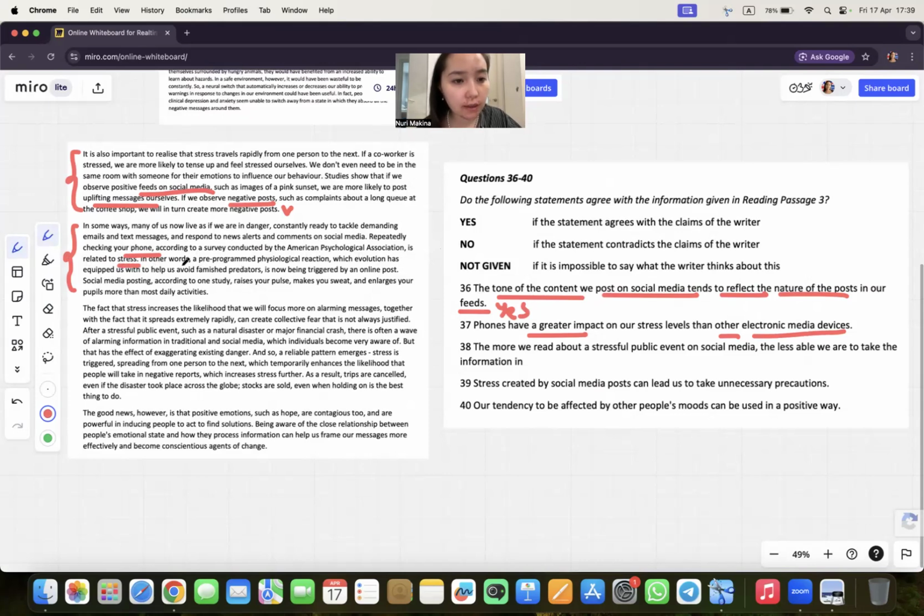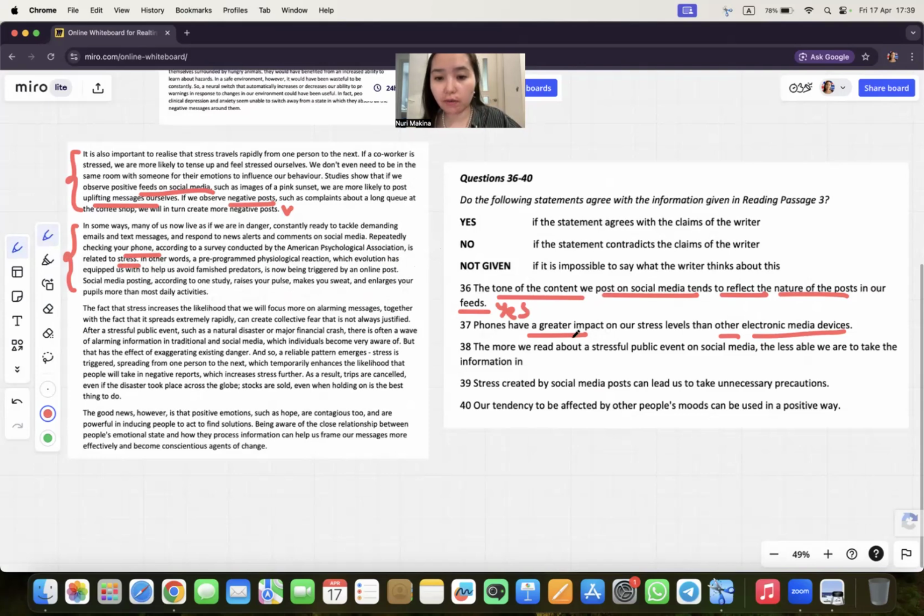So let's keep reading. In other words, a pre-programmed psychological reaction, which evolution has equipped us with to help us avoid famished predators, is now being triggered by an online post. Social media posting, according to one study, raises our pulse, makes you sweat, and enlarges your pupils more than most daily activities.